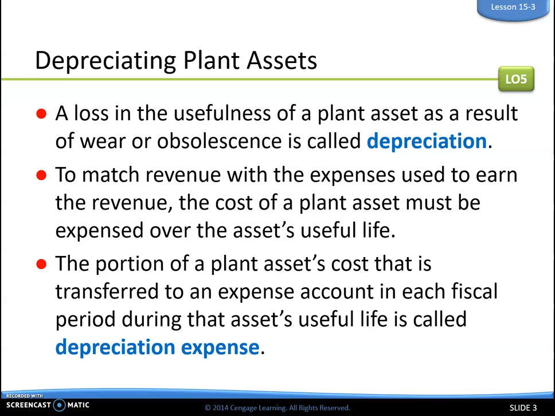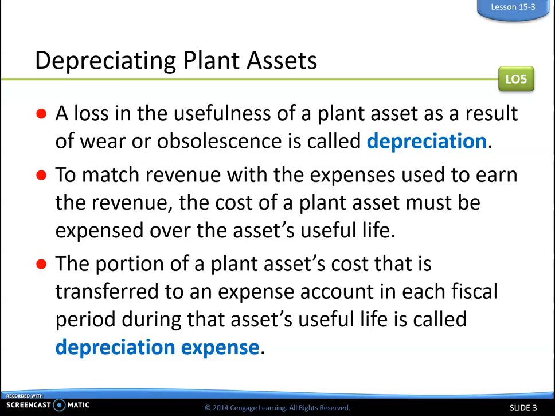Let's say that I'm going to buy a brand new 2020 car. When I want to sell it next year in 2021, is that car going to be worth the same amount of money? No, because there's going to be wear on it and it's older. So it's going to depreciate in value.